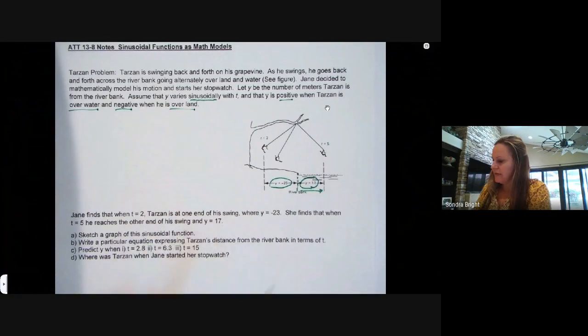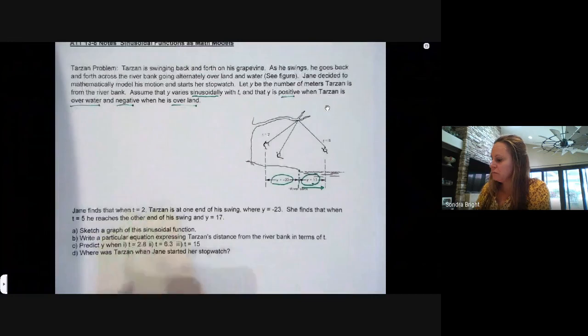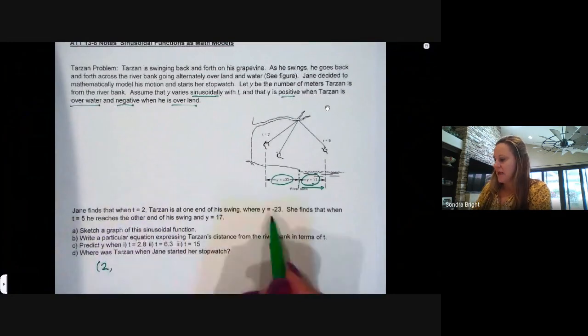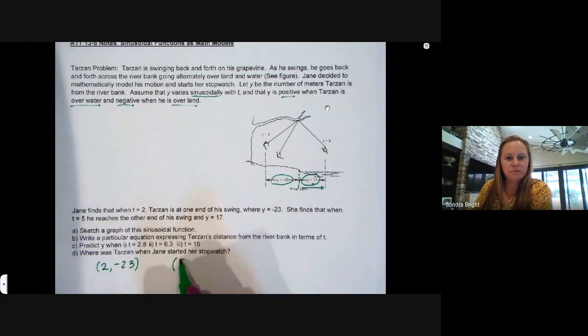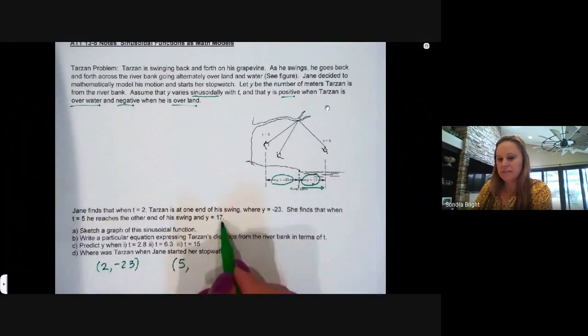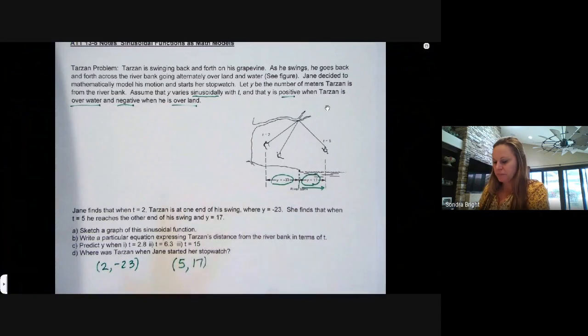They gave us that when time was 2, your y is negative 23. And when the time was 5, you reached the other end of the swing, so when y is 17. So I've got those two values. We know it's sinusoidal.